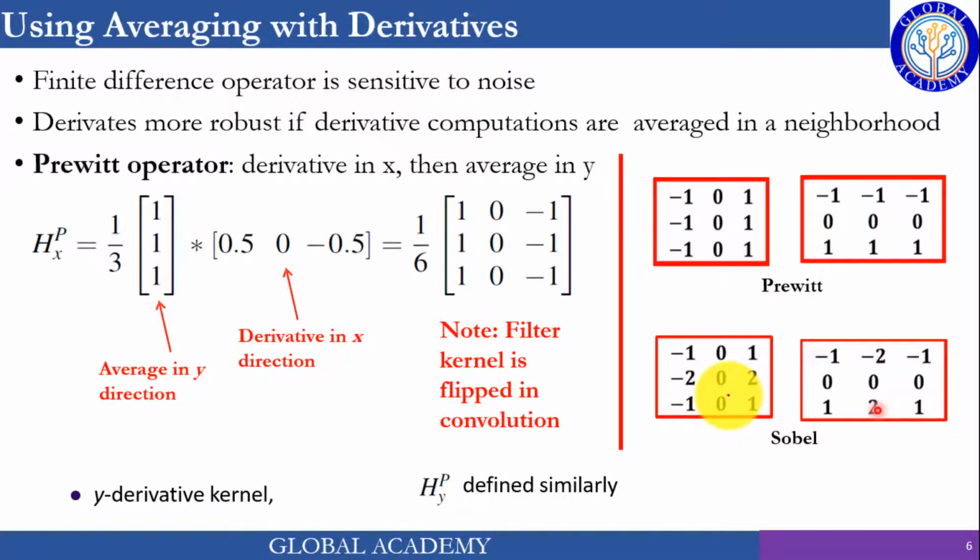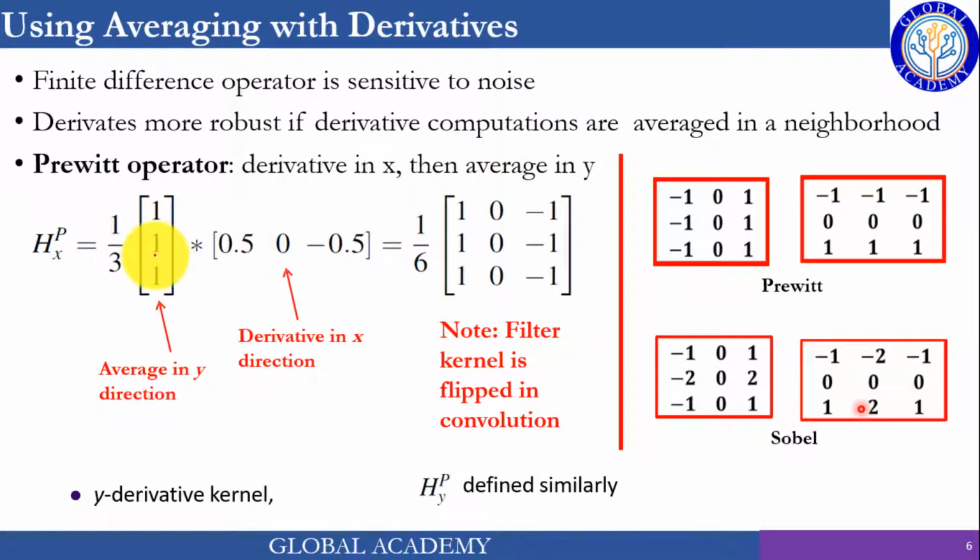So the solution is averaging or smoothing with derivatives. On average, the noise resides on smoother surfaces and has smaller values as compared to edges. Let's talk about the Prewitt operator. It's a derivative in x and averaging in y.